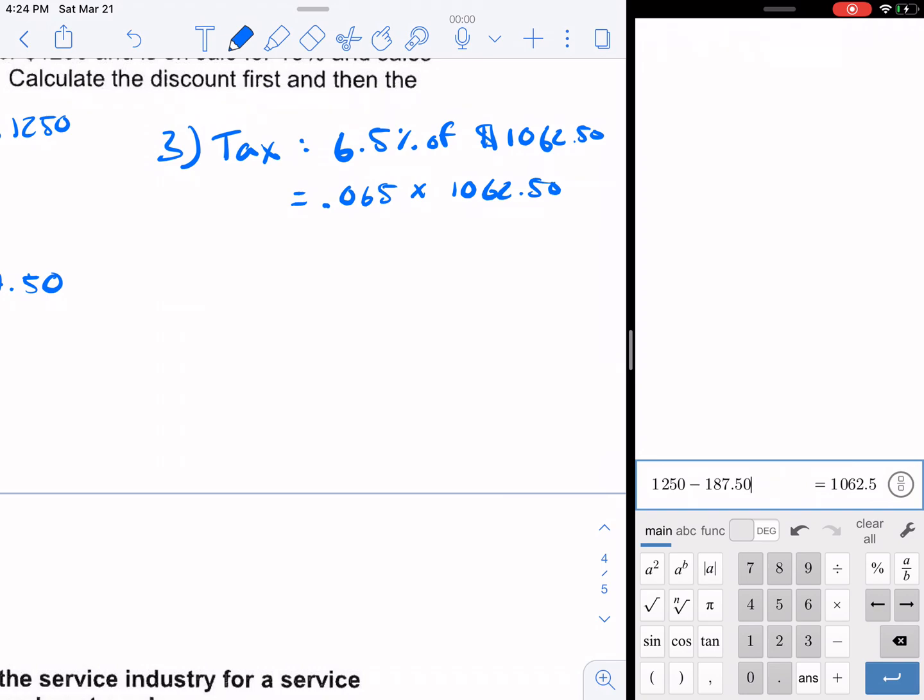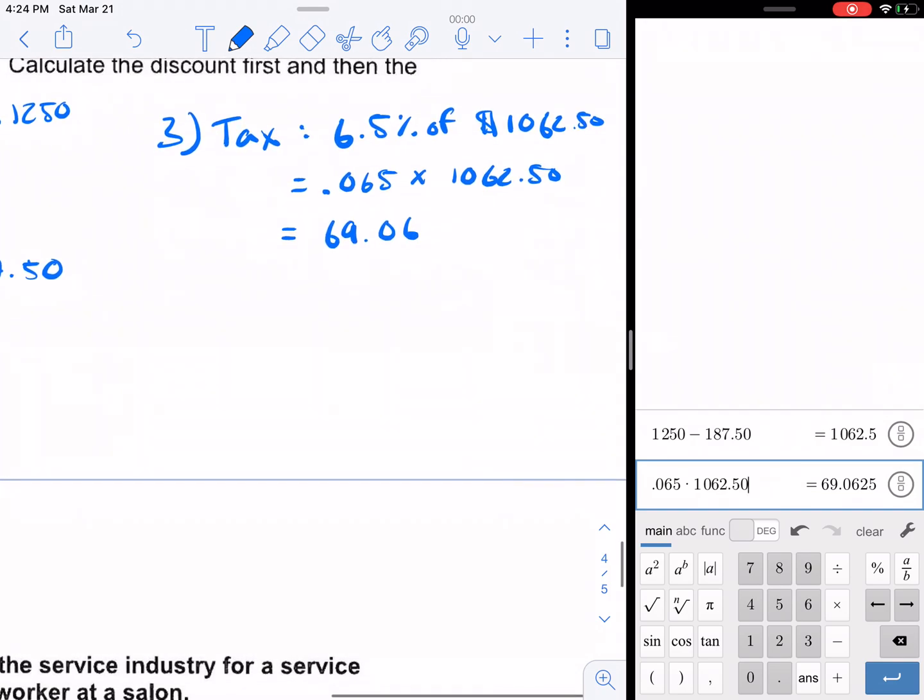Multiply that out to get the tax. 0.065 times 1,062.50. And so it's going to be a tax of $69. And then read that as money. It's 0.06. So that's just the tax.